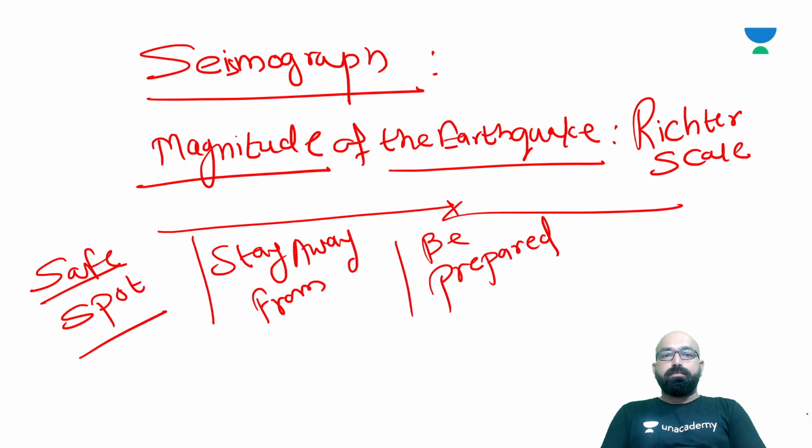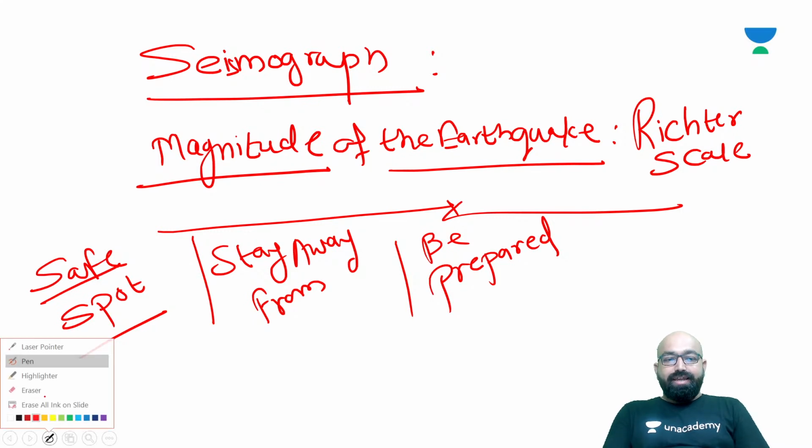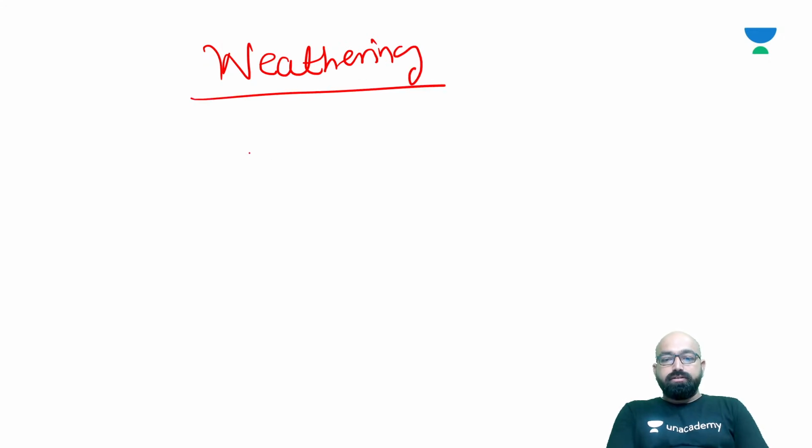So friends, in major landforms, the landscape is being continuously worn away by two processes, like weathering and erosion.